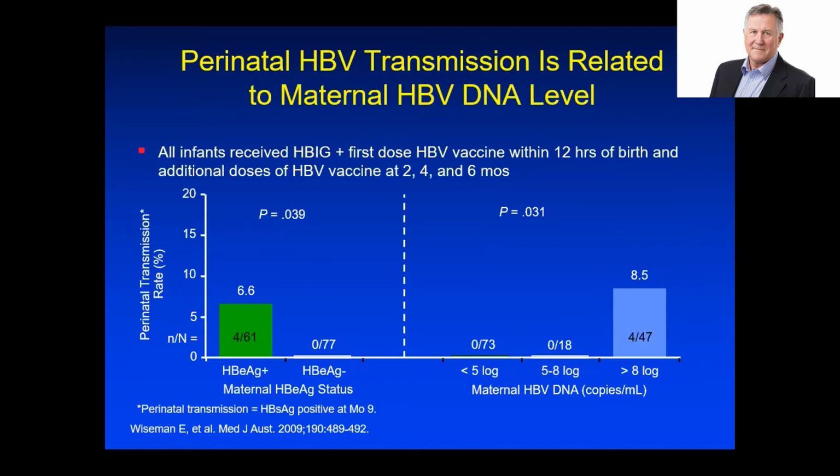And then it became apparent the antigen was just a surrogate marker for hep B viral load. So it was your viral load that really mattered. And you can see that if you're over 8 log copies per ml, you have an 8.5% chance of transmission to your baby. That's significant in the setting of someone that's had vaccine and HBIG. Next slide, please.